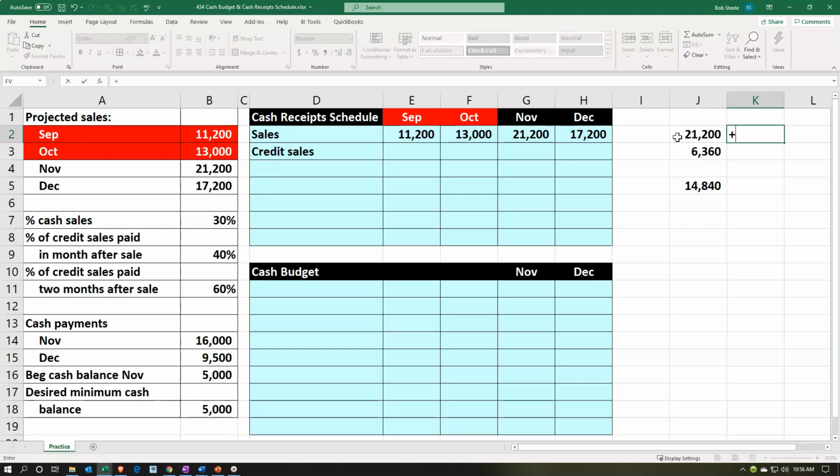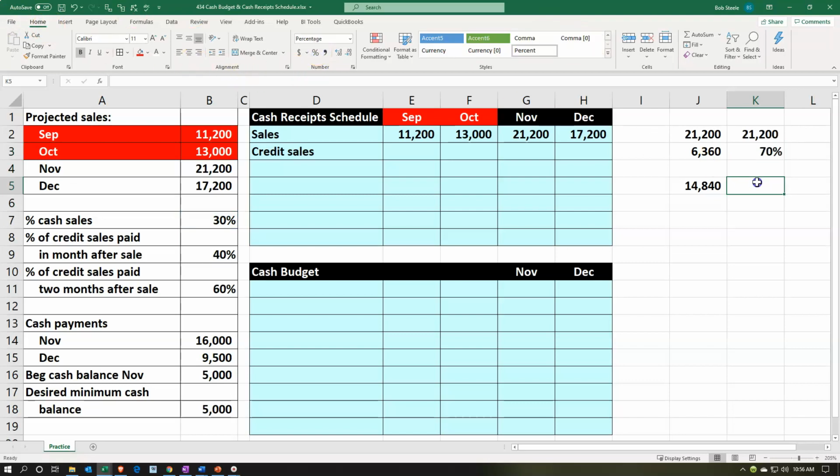Or I could take 1 minus the 30%, which of course would then be, if I go to the home tab, numbers, make that a percent, that's 70%. So 21.2 times the 70% is going to be that 14,840, because the 70% would then represent the credit sales.